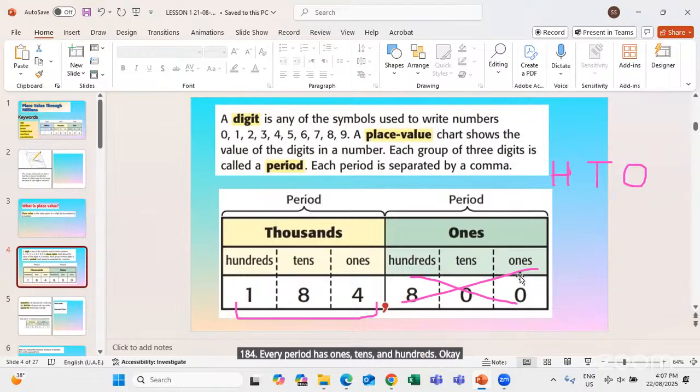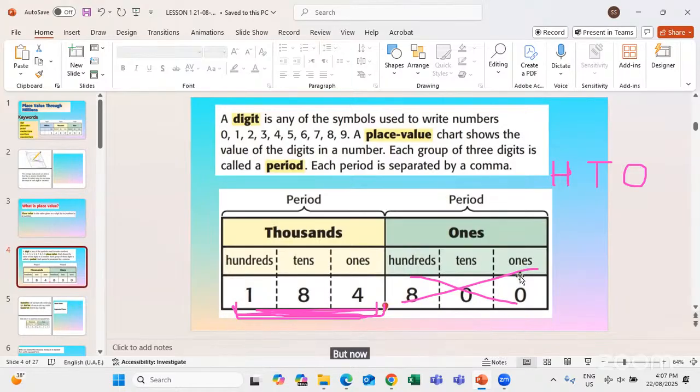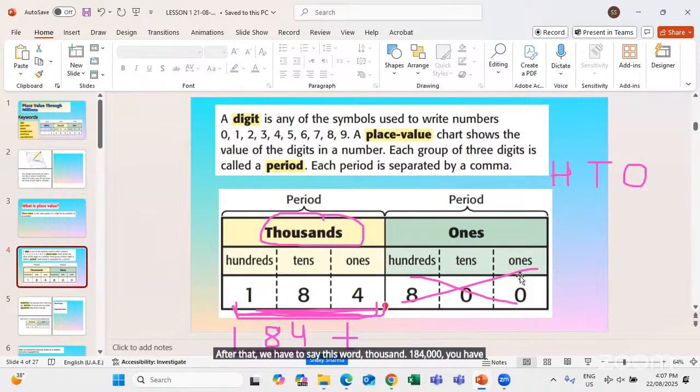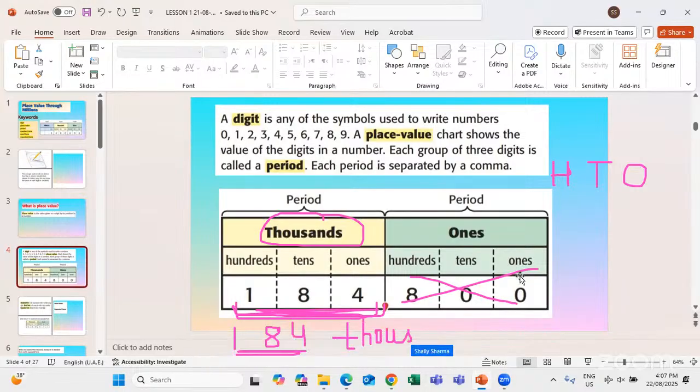So here also we have 184. But now this is the second period, so when we say 184, after that we have to say this word thousand. 184 thousands, you have to write it also in the word form. 184 thousands, and then we have 800. So this way I will write the number.